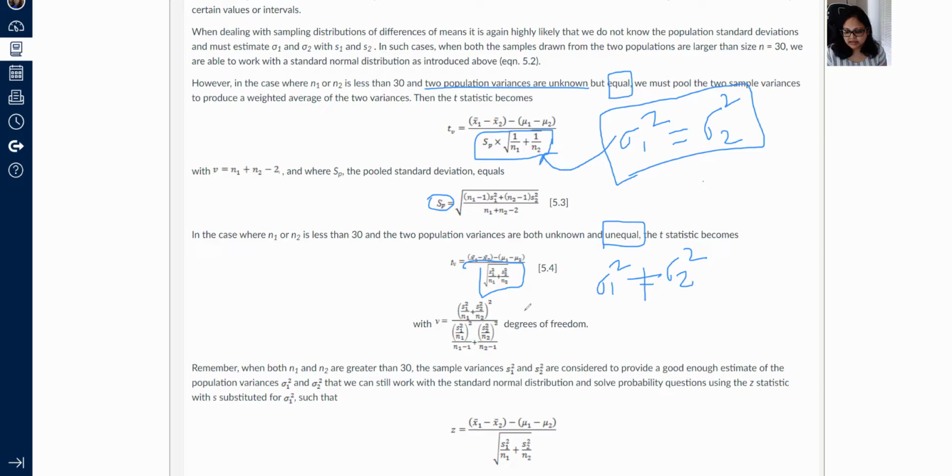But in that case, what we have to consider is the degrees of freedom. In the T distribution we have to use the degrees of freedom. In the previous case we can use the simple one, but in the latter case we have to use the complicated one. It's not that complicated. All you have to use is the sample sizes and the sample variances.